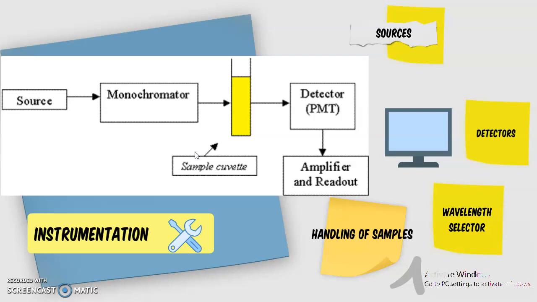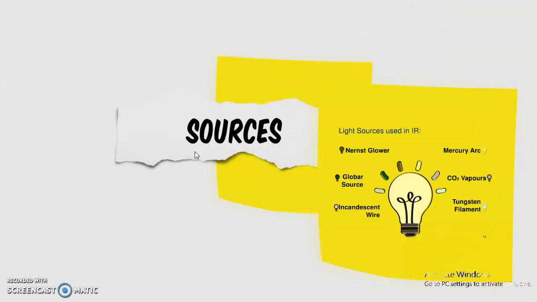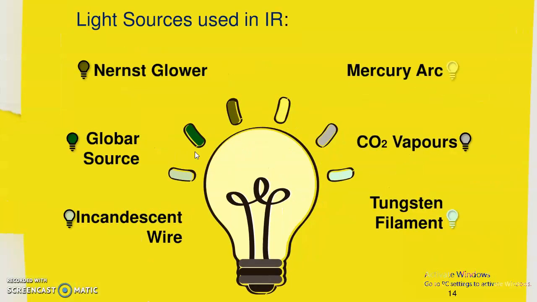Okay. So coming to the sources, we have different types of sources in IR: Nernst glow bar source, incandescent wire, mercury arc, CO2 vapor, and tungsten filament. A very important thing to remember is that these are different from the other spectroscopic or UV methods, so I have to remember these light sources.